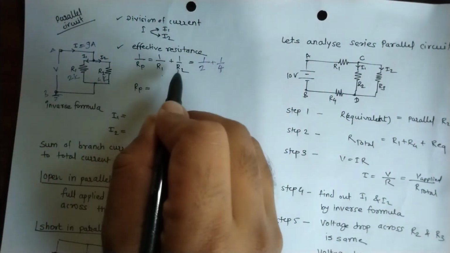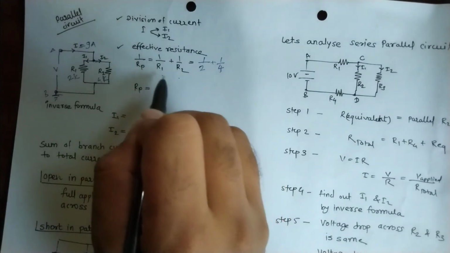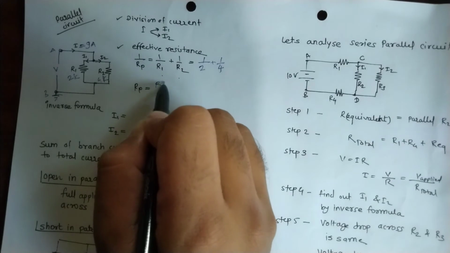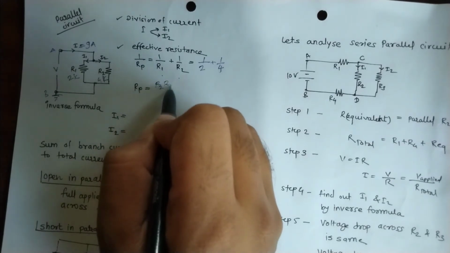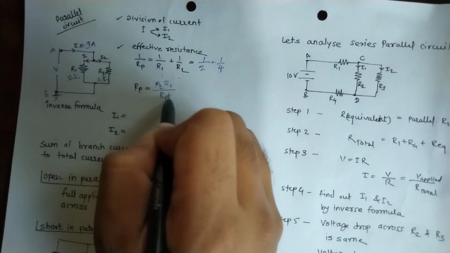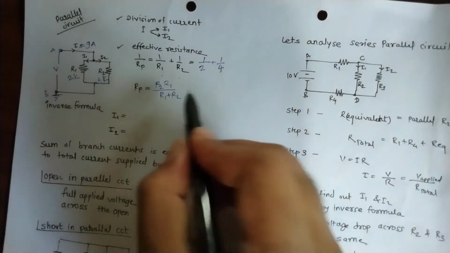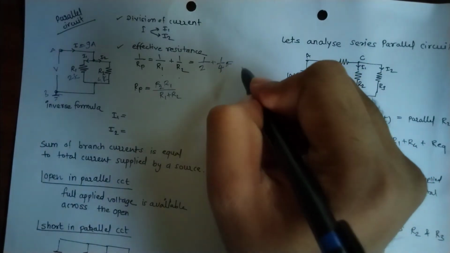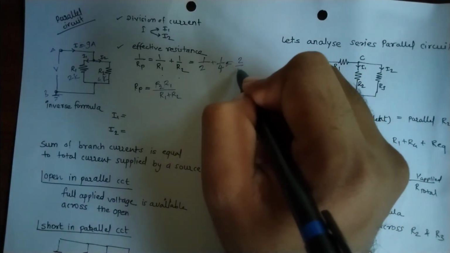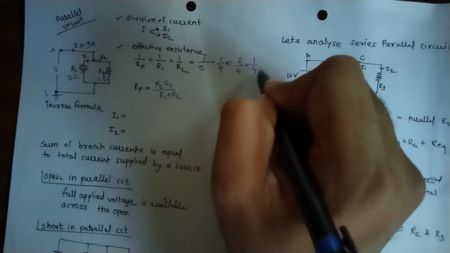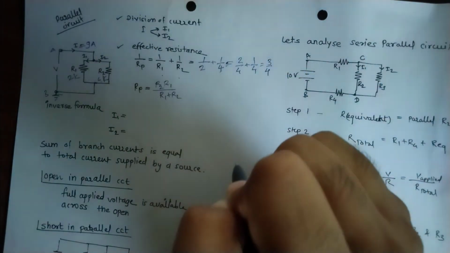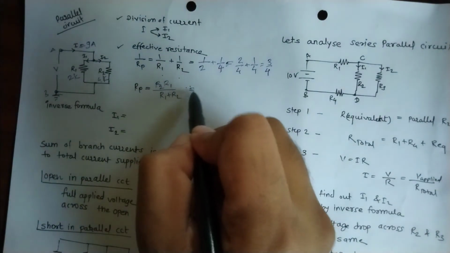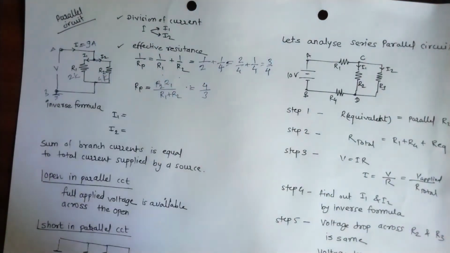It may also be denoted as R1 into R2 divided by R1 plus R2, right? So here we can say 2 by 4 plus 1 by 4, that is 3 by 4, so Rp will be 4 by 3, right?